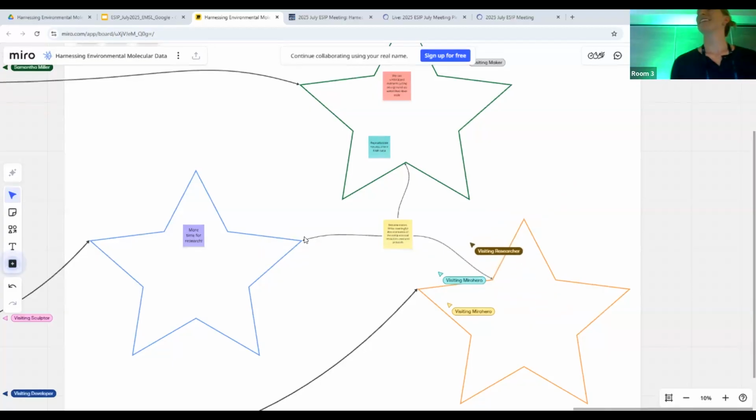I could picture dynamite science fair projects coming out of this, to seed that and start to build some momentum. At least at the high school level, I could really visualize cool science fairs. Yeah, I 100% agree.